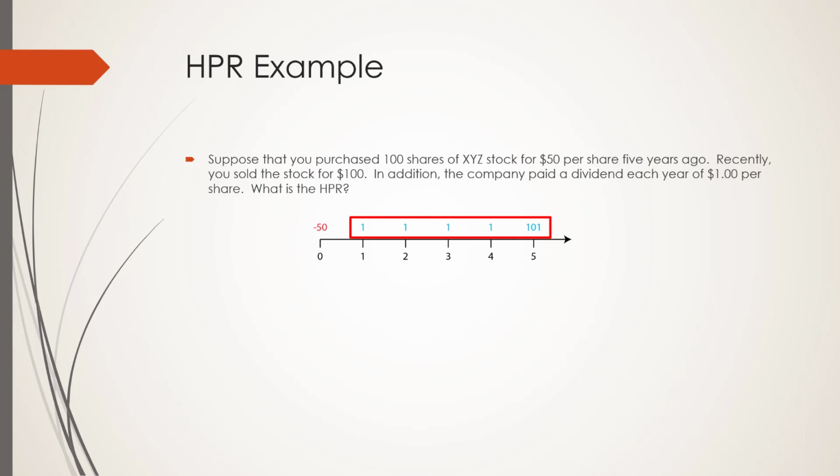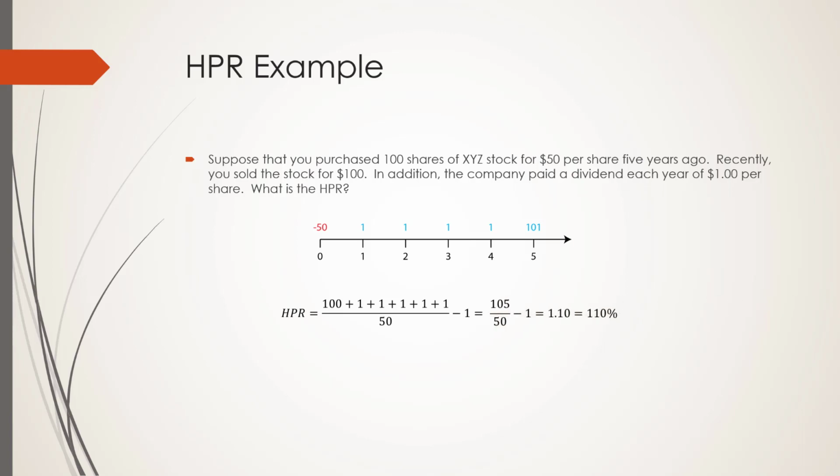And then at the end of year 5, you sold it for $100. So your total cash flow in year 5 is $101. So using our HPR formula, I have 100 plus the 5 dividends that you received, divided by the initial price of 50, minus 1. So that's 105 divided by 50 minus 1, which gives us 1.10, which is 110%.